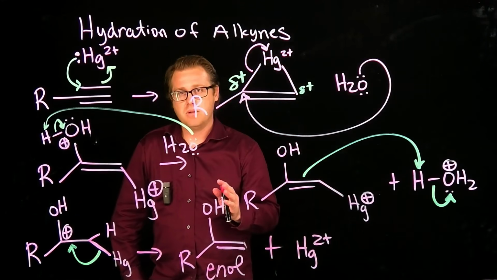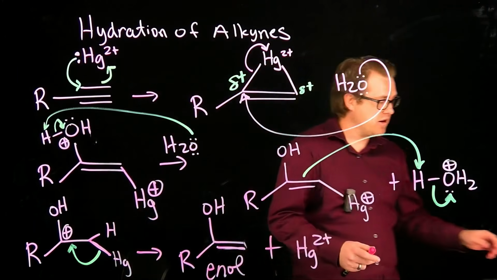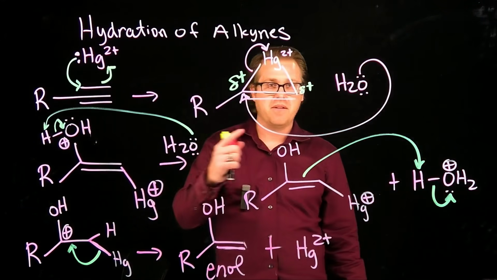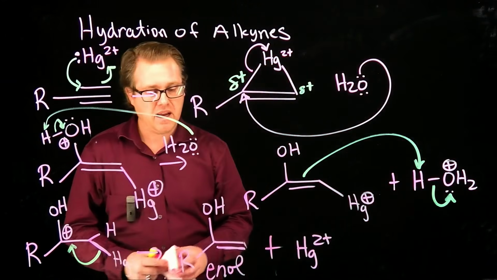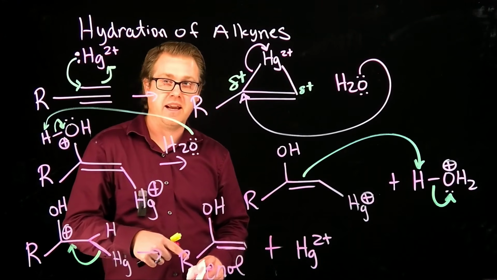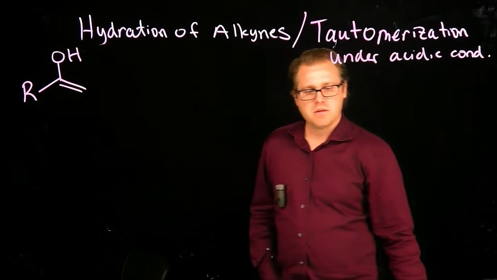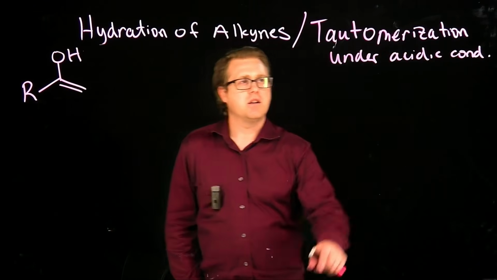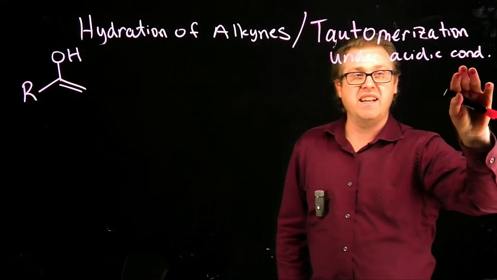So now that we formed the enol, we've learned that the enols are not favored at equilibrium, that they're going to favor the keto form. So now we're going to take the enol and tautomerize it into the keto form. And I'm going to show you how to do that. Let's take a look at tautomerization of the enol under acidic conditions.